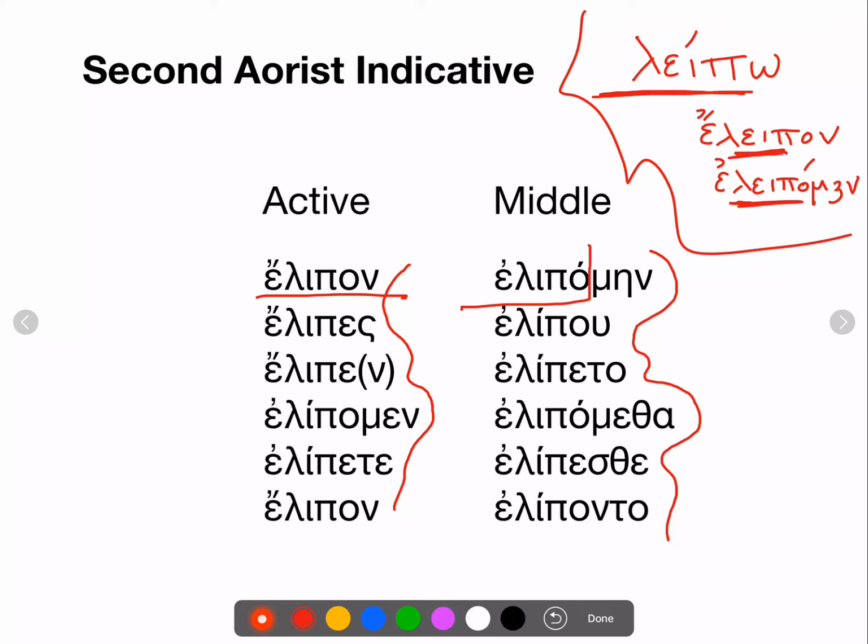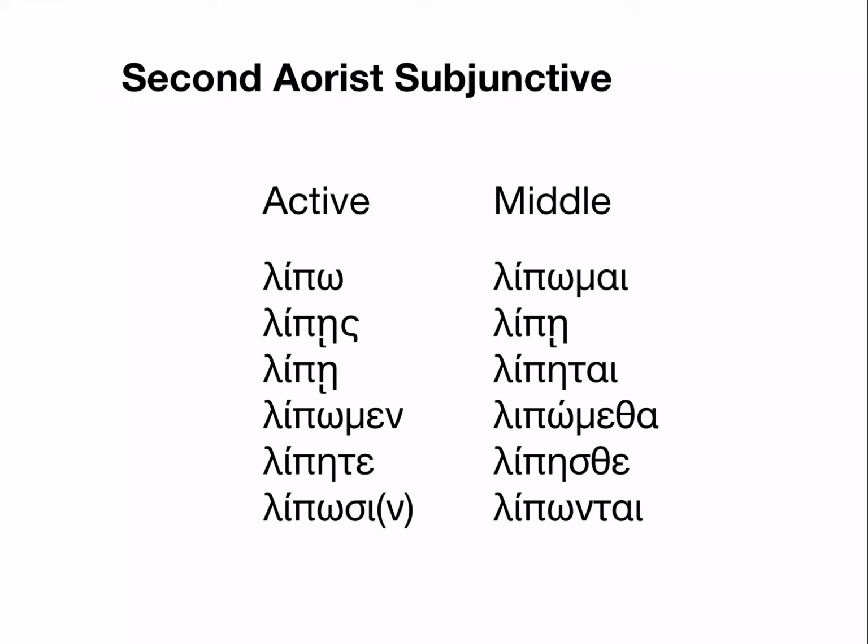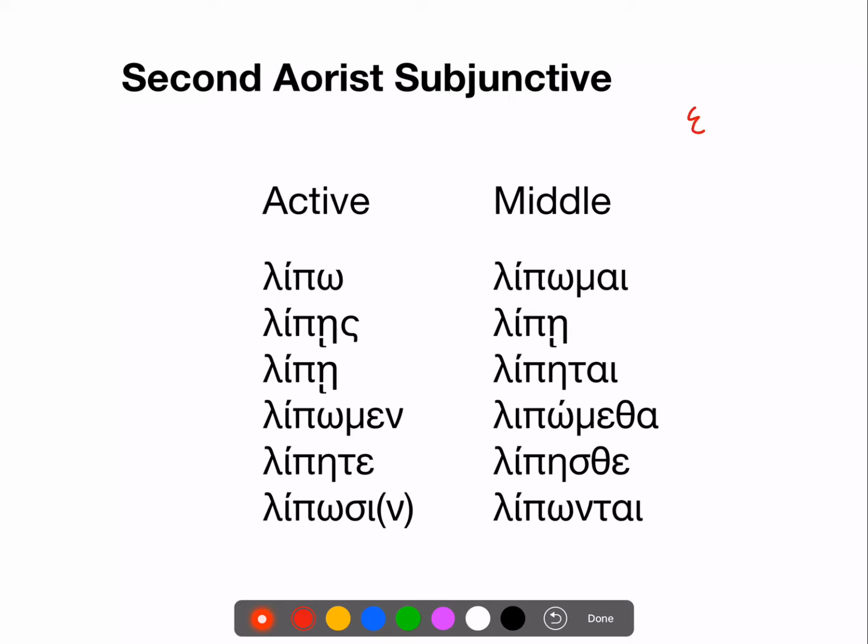The imperfect uses the stem from the first principal part, but the second aorist uses the stem from the third principal part. Means you really need to know your principal parts to tell the difference between a second aorist and an imperfect indicative. For the subjunctive, okay, the third principal part, you remember, is elipon.